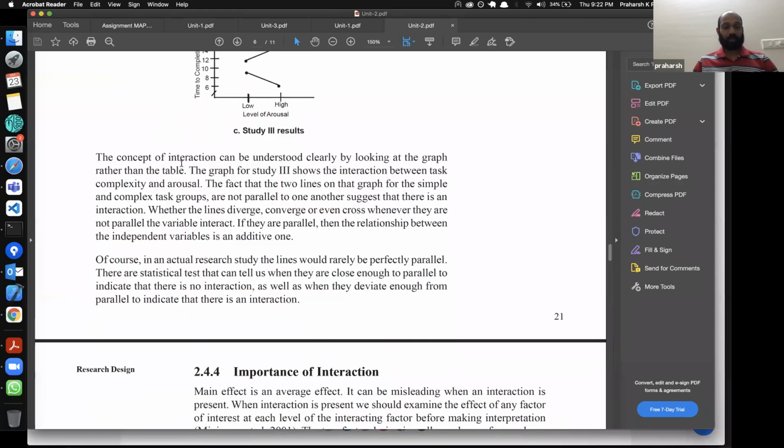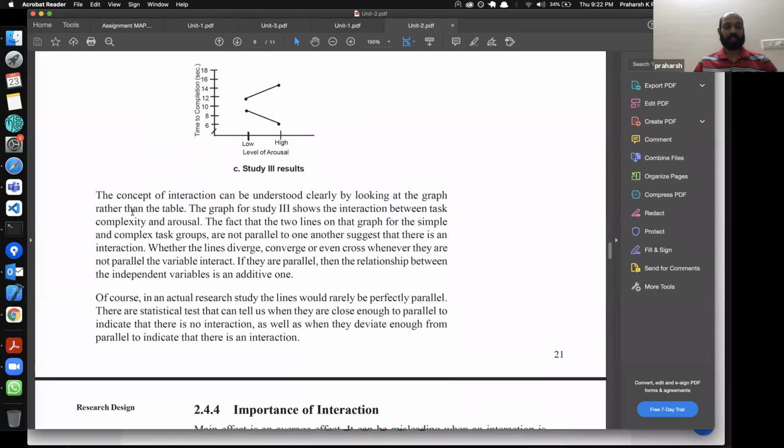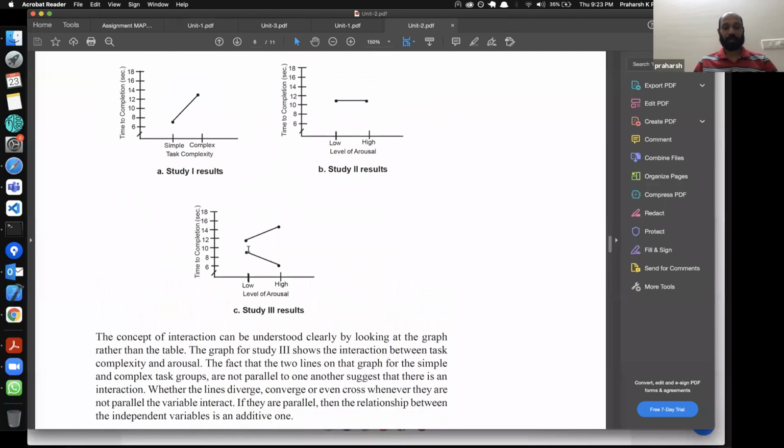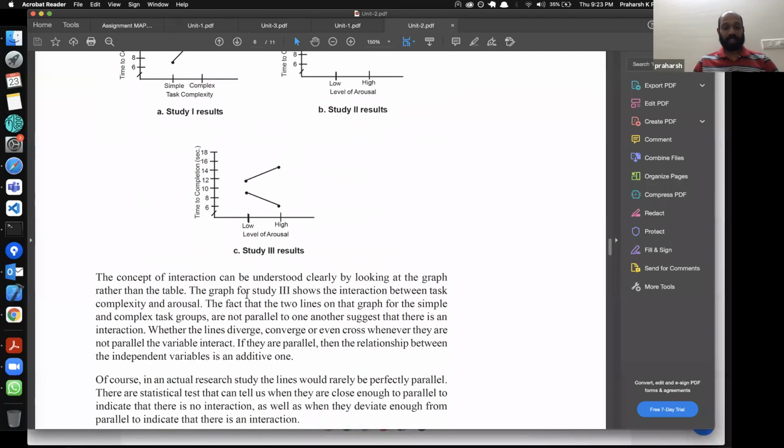So let me give you some more textbook context. The concept of interaction can be understood clearly by looking at the graph rather than the table, right? So here you can see that interaction is happening because it's converging. The graph for study 3 shows the interaction between task complexity and arousal.